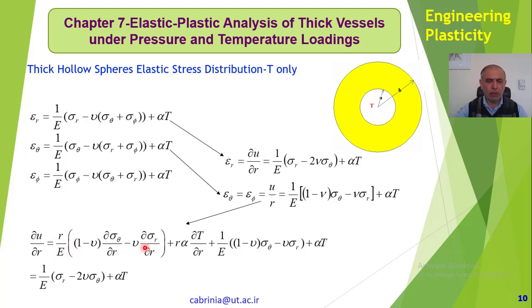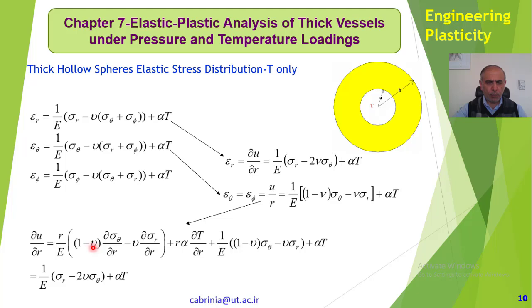R times the partial differentiation of this part, and then we got this R alpha times partial differentiation of T with respect to R, and then partial differentiation of this times R, which partial differentiation of R relative to R is 1 times this part.